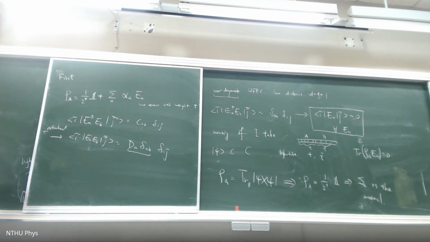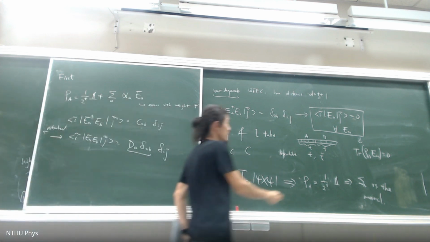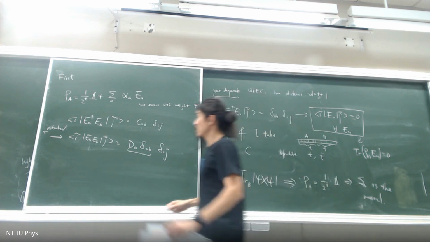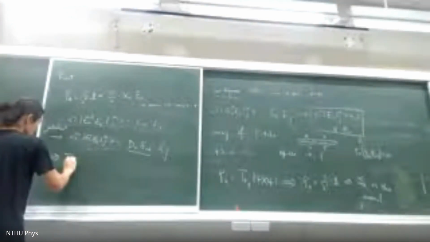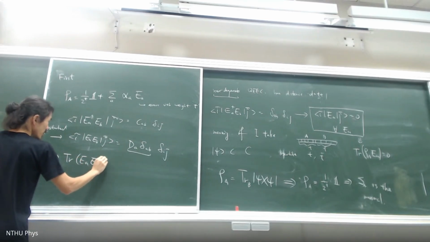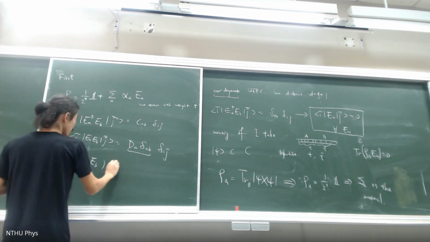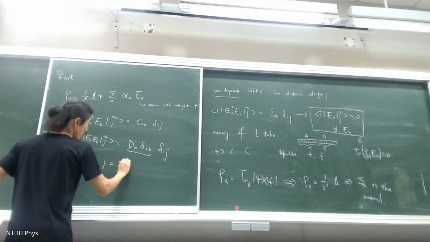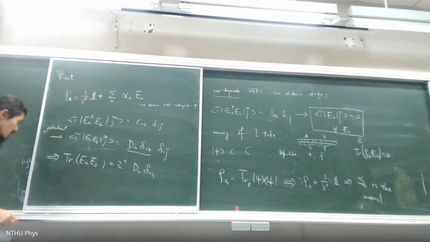So I can just directly compute the trace of this thing, right? I want to compute the trace of EAEB. I'm just taking the same component, so this will be 1, and then how many do I have? I have a 2 to the power t, so I can take the trace of this one.